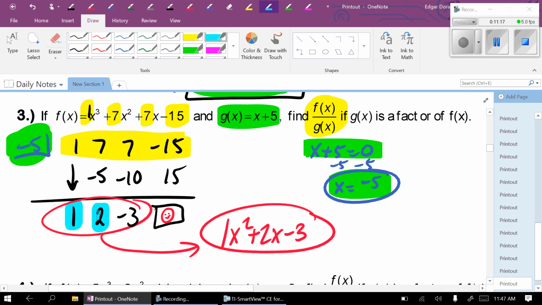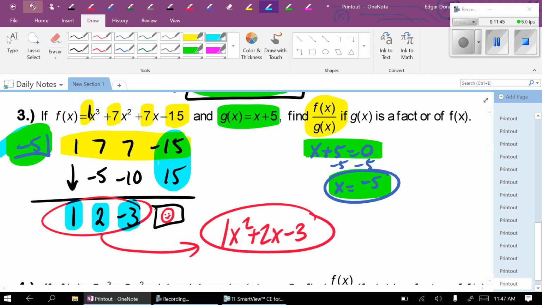Then I did it one more time, -5 times 2 gives me -10, and then I add 7 plus -10, which gives me -3. And then finally, one more time, -5 times -3 gives me +15. And then finally, we combine these two to get me a 0.